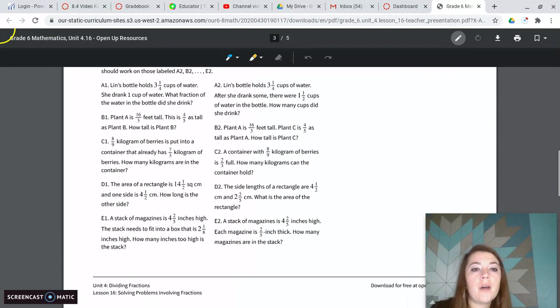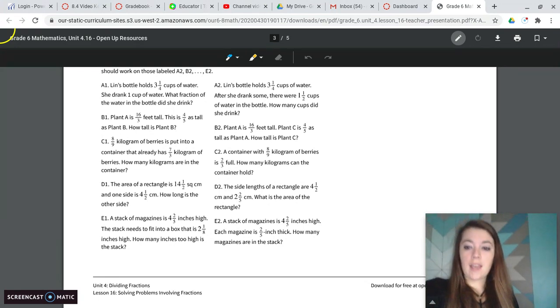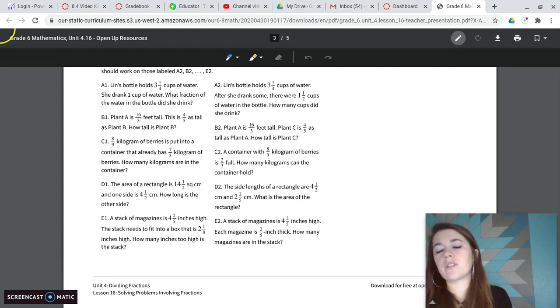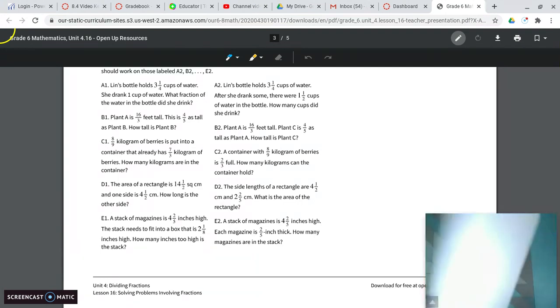So for A1, Lynn's bottle holds 3 1/4 cups of water. She drank 1 cup of water. What fraction of the water in the bottle did she drink? What we need to figure out is, sorry, not the fraction, the equation with the fraction.